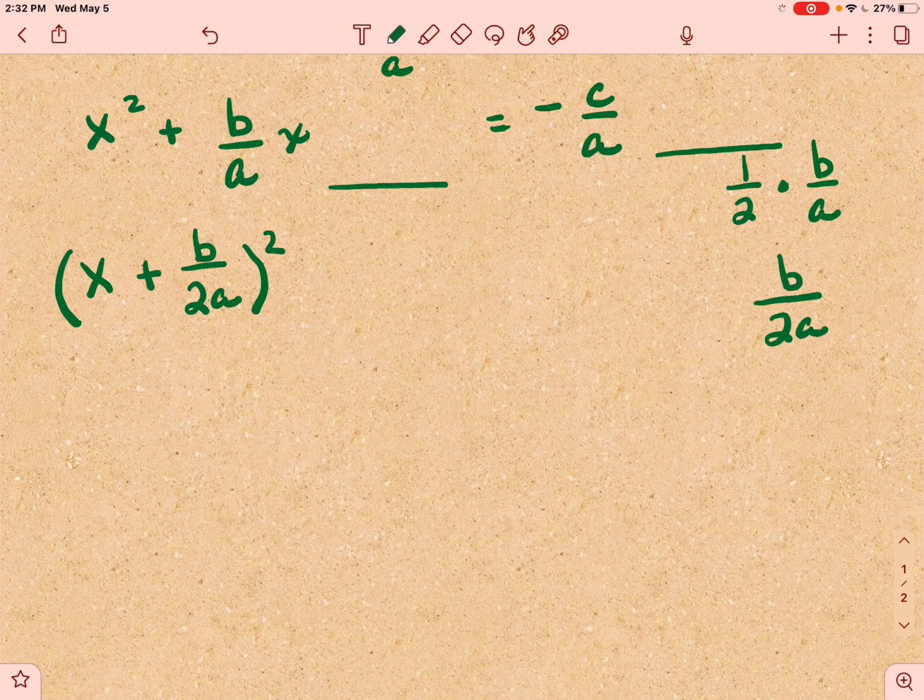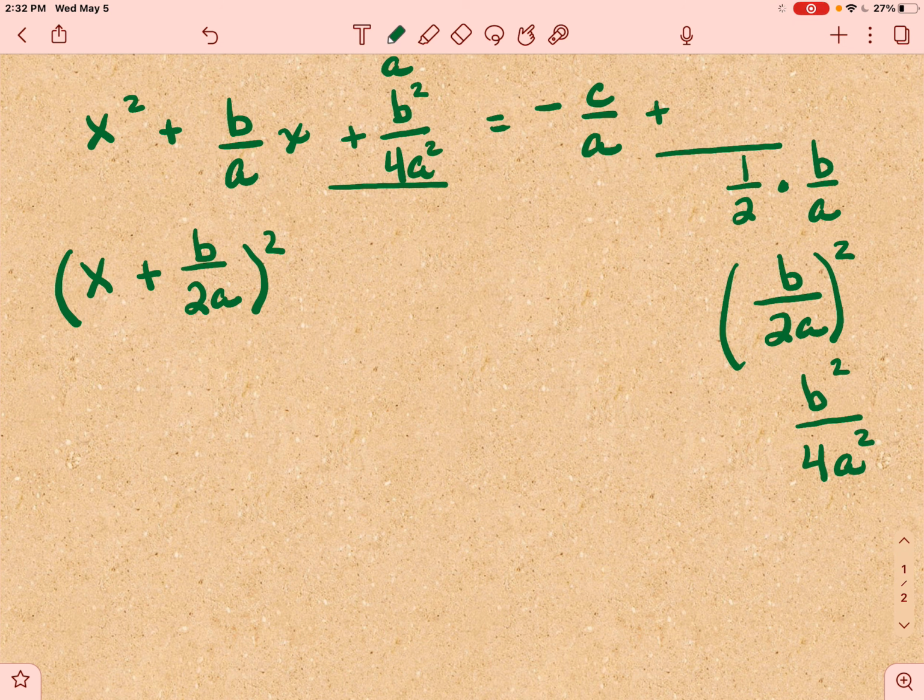I'm going to take b over 2a and square it, and I will get b squared over 4a squared. So that's what I'm going to have to add to both sides: b squared over 4a squared plus b squared over 4a squared.